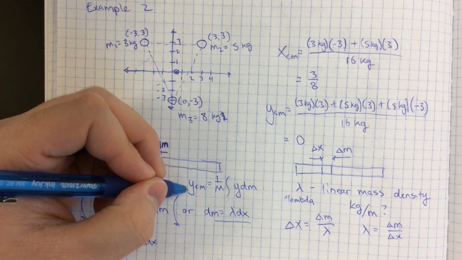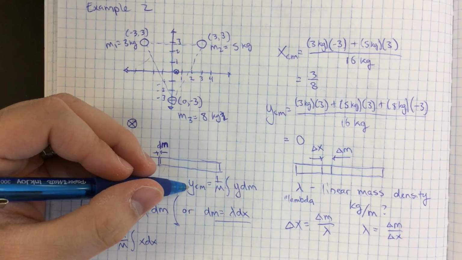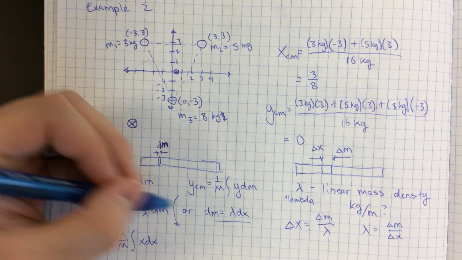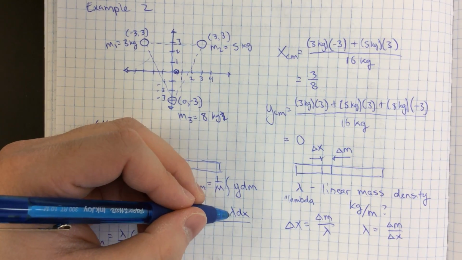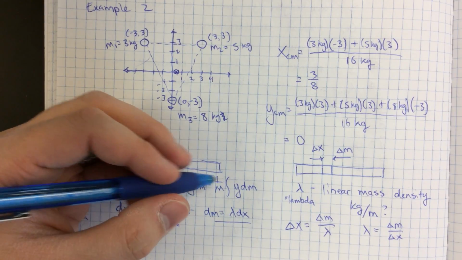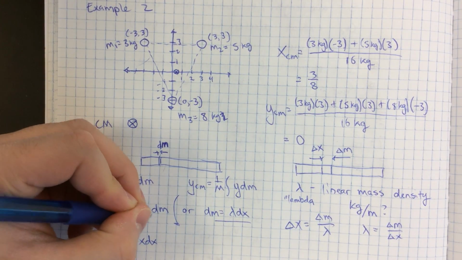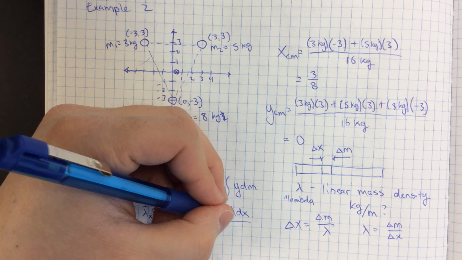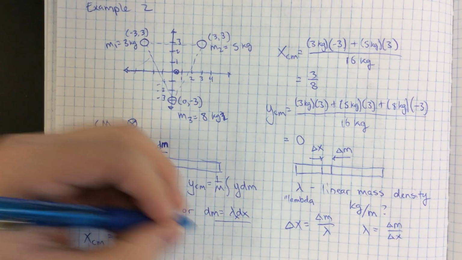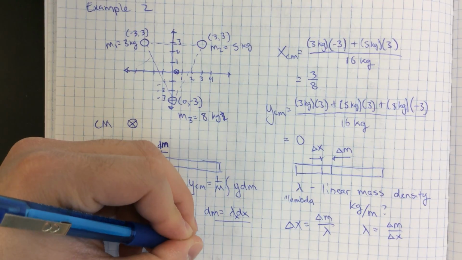If you have both an x and a y, then you have to break it down into its density in those directions. So you could talk about a lambda in the x, and a lambda in the y.